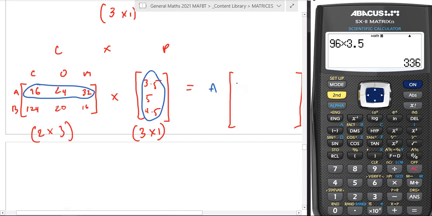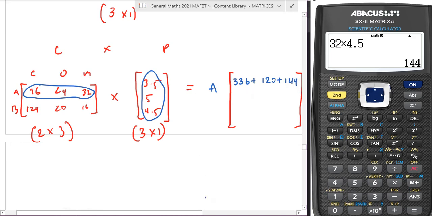That's probably what is expected, but we'll do it by hand for now. Plus 24 times 5, which gives you 120. You're not going to be expected to do this by hand. All CAS. And then 32 times 4.5. On your CAS, this will take you like 2 minutes. So that's the first row done.